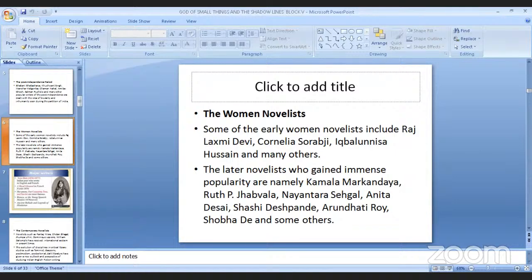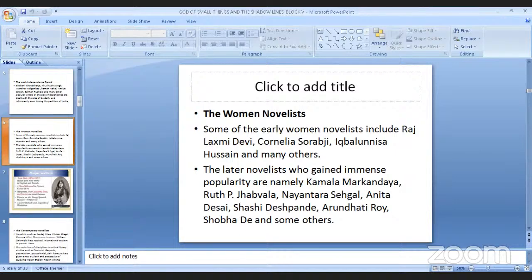She has written To Whom She Will, The Nature of Passion, A Swan in India, The Householder, and Get Ready for Battle, and so on. There are quite a good number of novels written by Ruth Jhabvala.